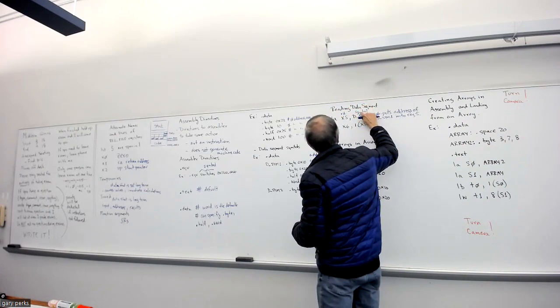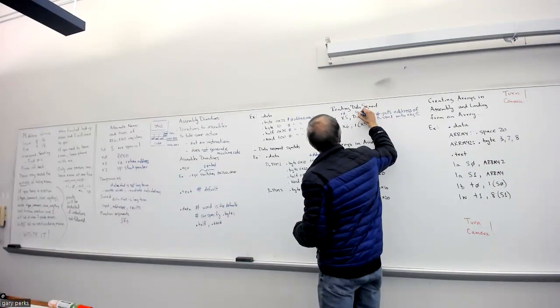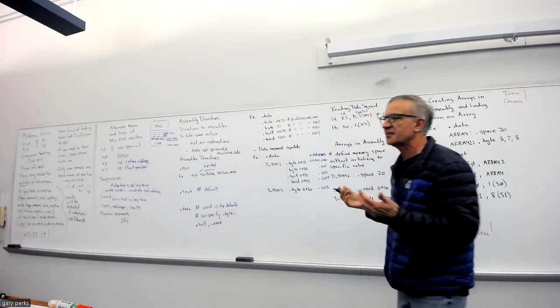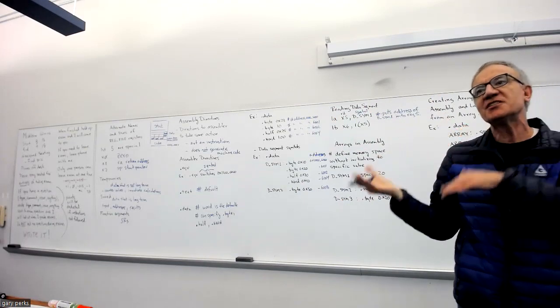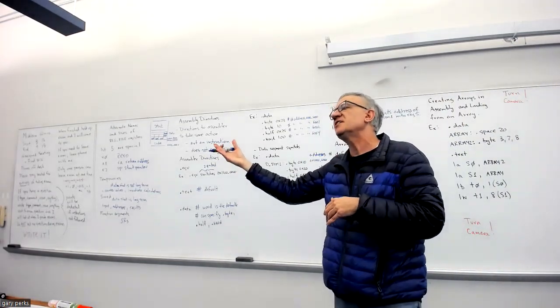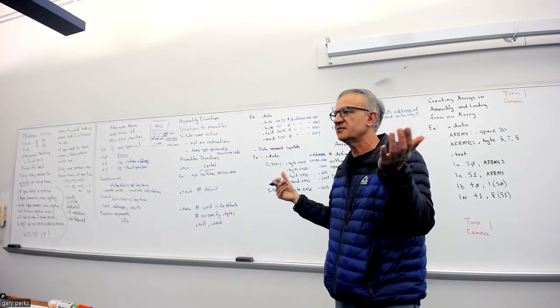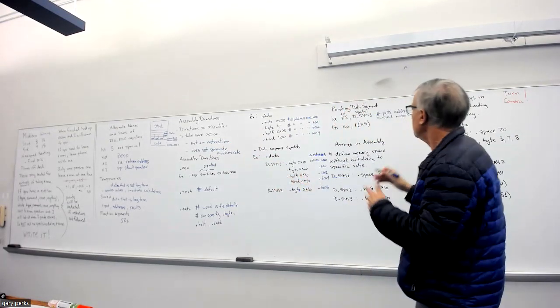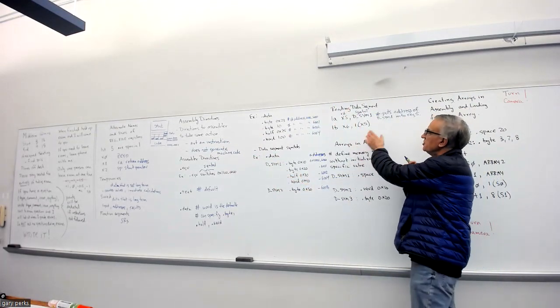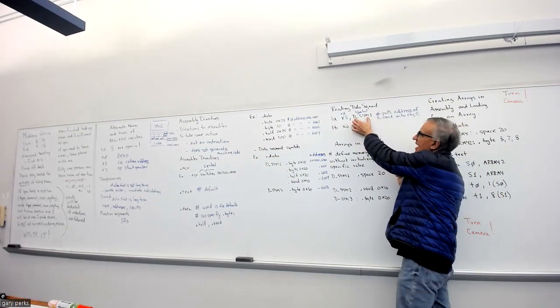So even though in the detailed description it refers to this as a label, it's really, again, a symbol. And again, the only difference between symbol and label is that symbol refers to the data section as opposed to the code section, where we call it label.